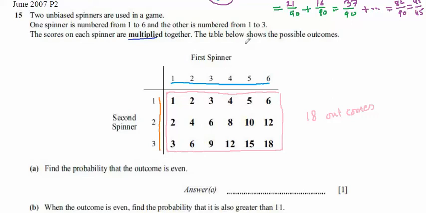Now let's see how many even numbers there are. If I mark them, even numbers: this 3, 4, 5, 6, 7, 8, 9, 10, 11 and 12. So it is 12 and total outcomes are 18, and in simplified form both are divided by 6, so it will be 2 over 3. So the answer is 2 over 3.